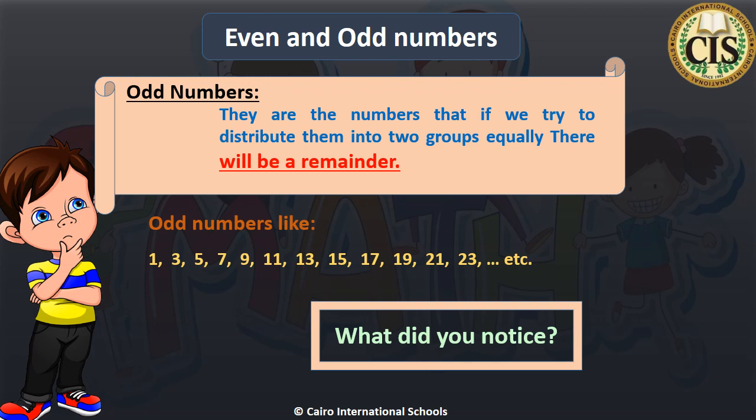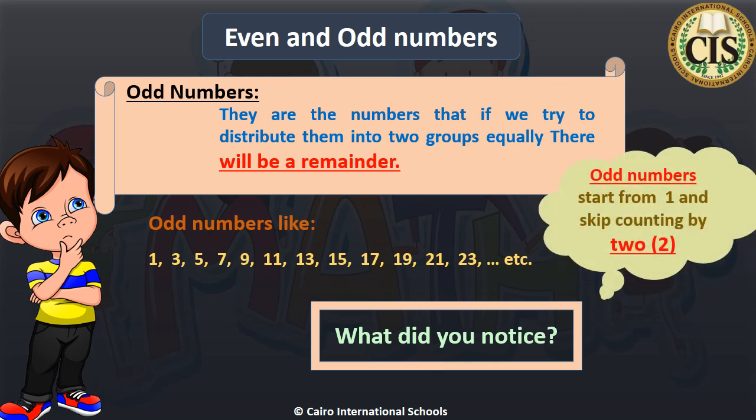What did you notice here? We noticed that in odd numbers, we start counting from 1 and skip counting by 2, like 1, 3, 5, 7, and so on.